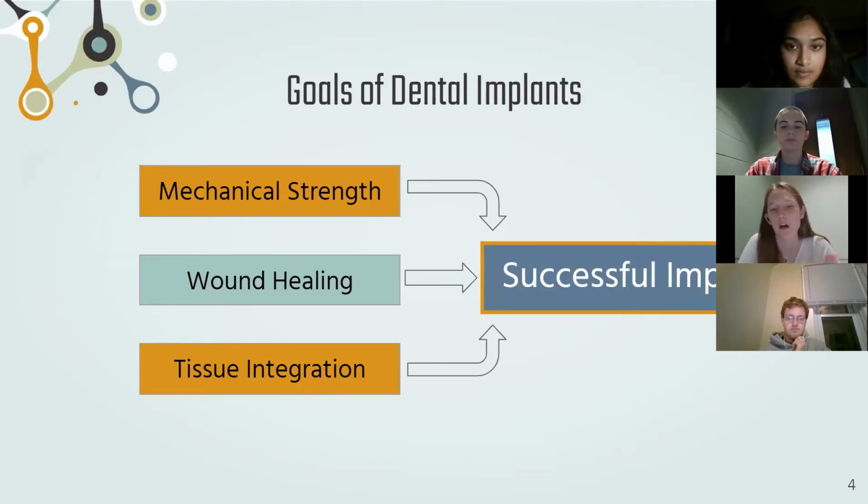They also work to optimize wound healing, which is an important process when there's an implant added to a body. And finally, integrating the implant into the surrounding tissues is important to provide long-lasting stability and success of the implant.